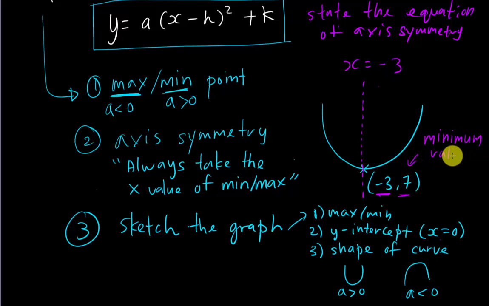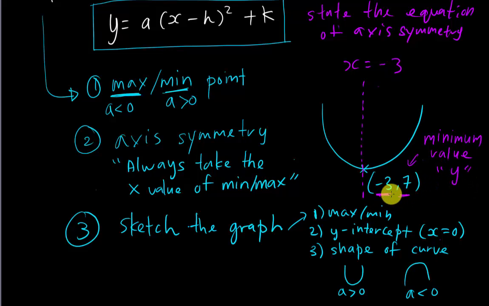So whenever the question asks about minimum value or maximum value, they're asking for the y value only, not the x value. So if asked about minimum value, you never write -3 or -3, 7. You only write 7.